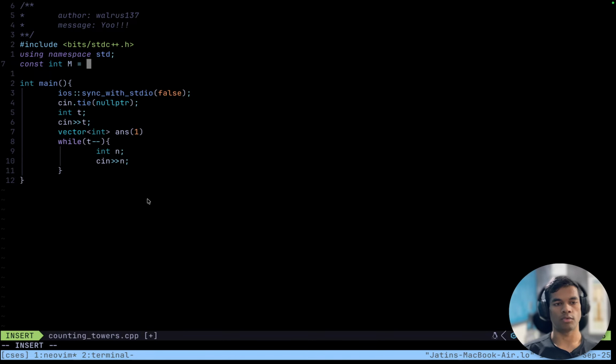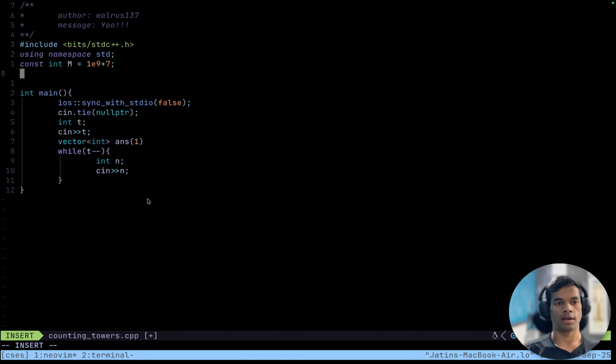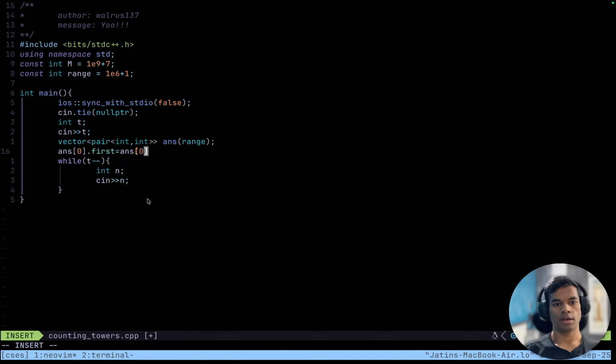Const m equals 1e9 plus 7, and const n range is 1e6 plus 1, let's say. And then a pair of int, and answer 0 dot first equals answer 0 dot second equals 1, and wait no, for n equals 1.